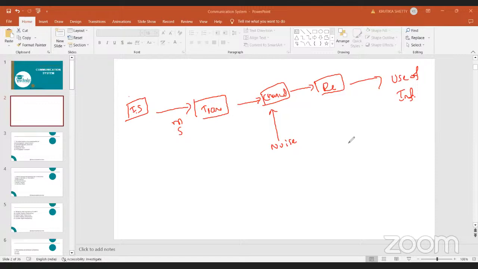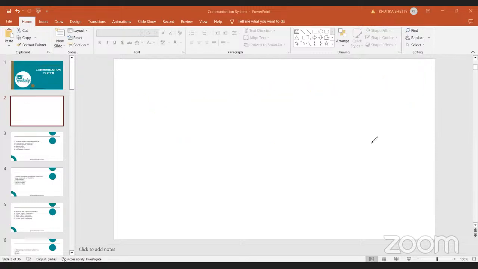Now let us see the work of the different parts we are using here. For example, the first one is signal. What do you mean by signal here? Signal is the electrical form of the information. The electrical form of the information is called a signal.